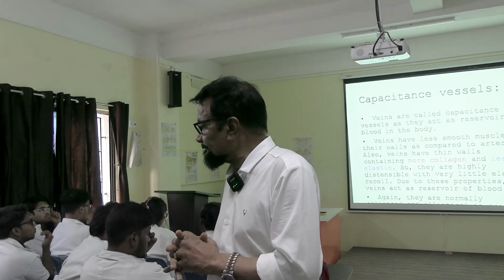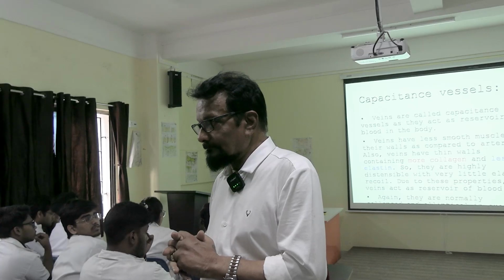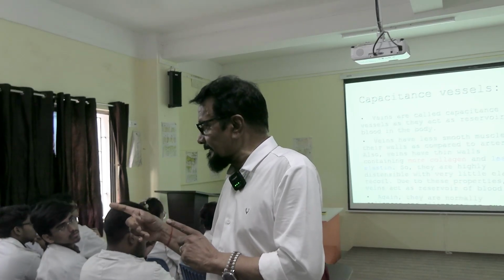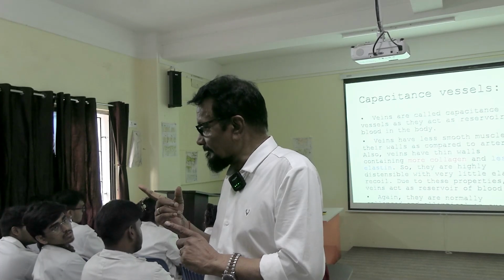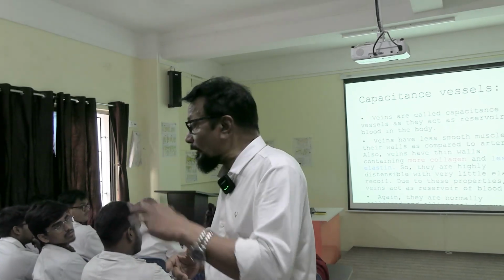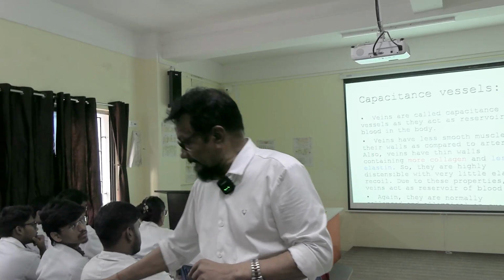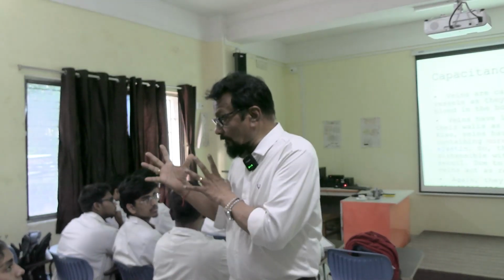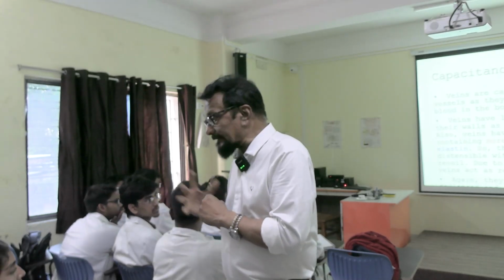1/8 of this, one part out of eight. Take 80 kg, divide 80 kg by 8. How much comes? 10. That means if you are 80 kg body weight, you will have 8 liters of blood.